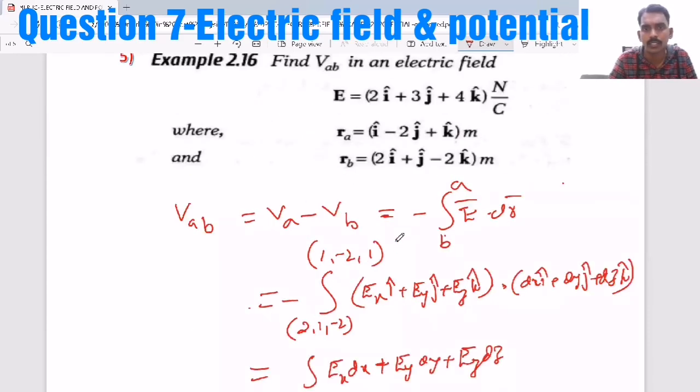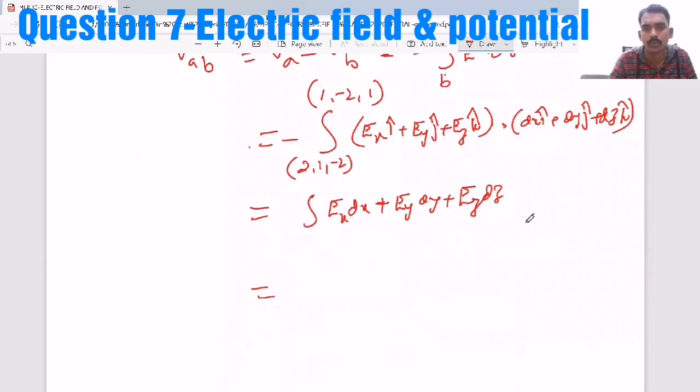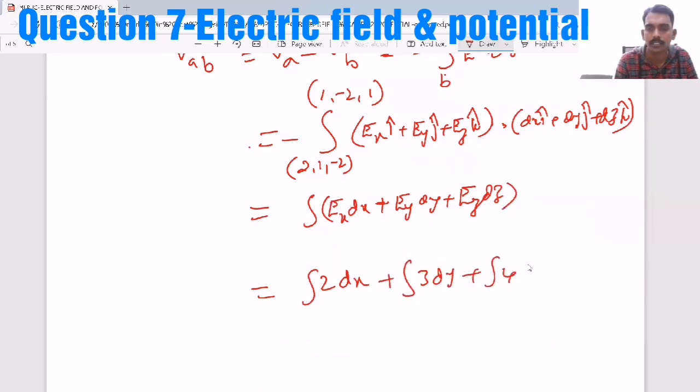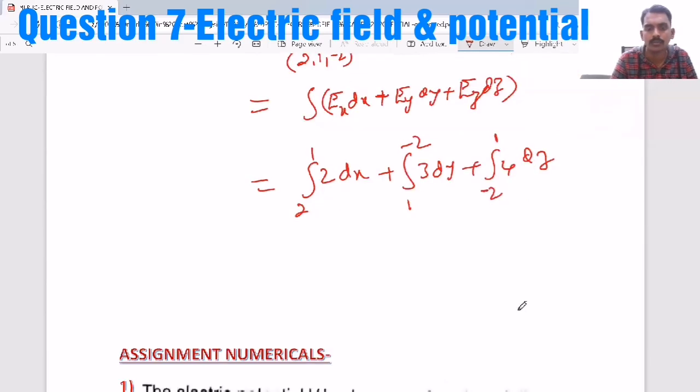Now Ex, Ey, Ez, if you see, are 2, 3, 4. So that is integration 2 dx plus integration 3 dy plus integration 4 dz. This is from 2 to 1, this is from 1 to minus 2, and this is from minus 2 to 1. Now, if you do this, then you will get the answer.